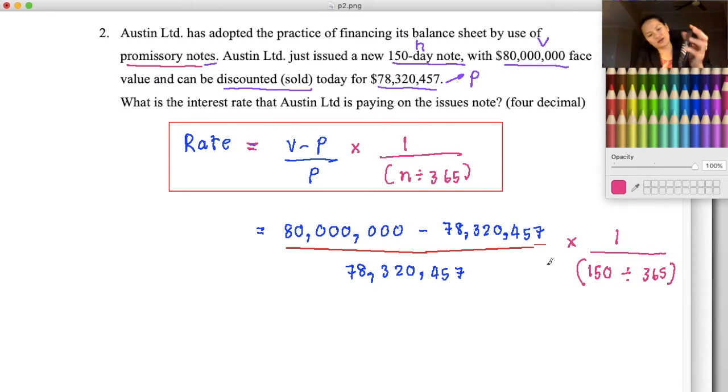And then we multiply by 1 divided by 150 divided by 365. Let's double check what we get. Then I press equal. Whoa! This one that I get is 0.0521811615. I'm going to do it again and see whether I get the same number or not.